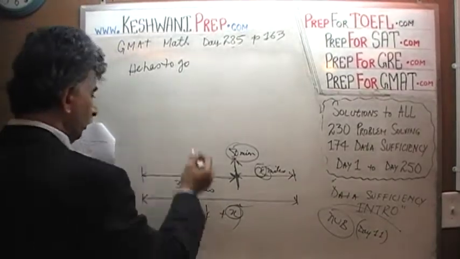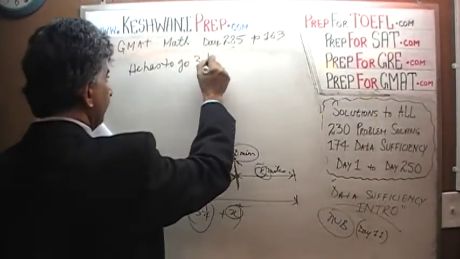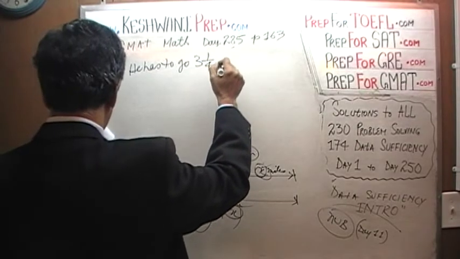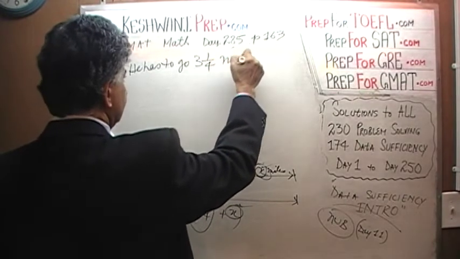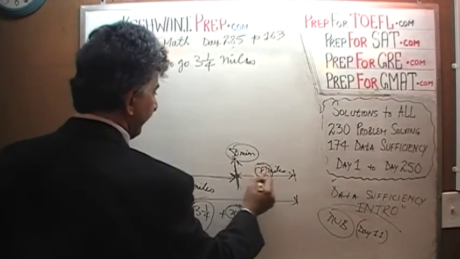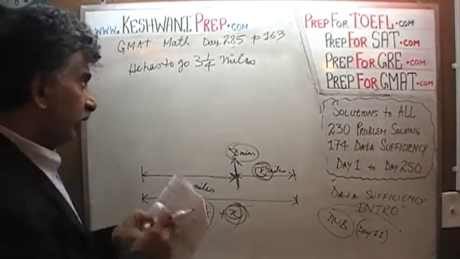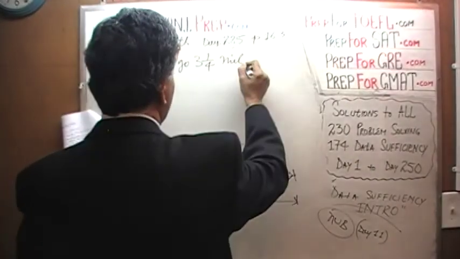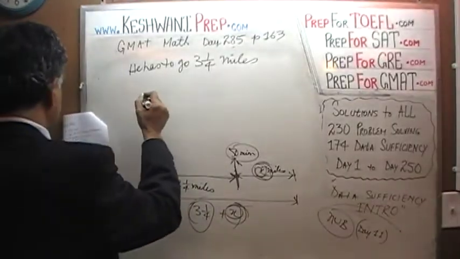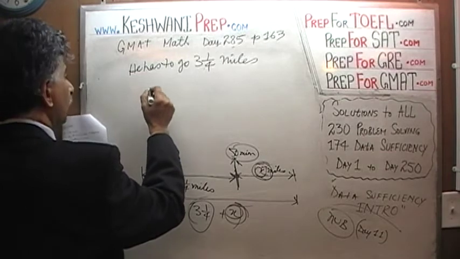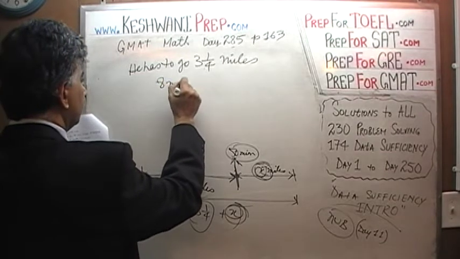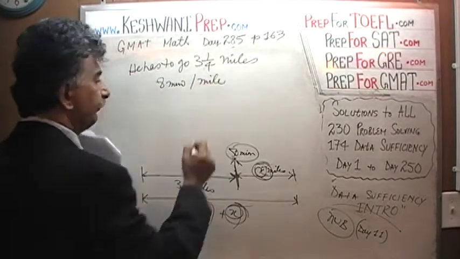He has to go 3¼ miles, plus the x miles and the x miles. But let's first talk about the 3¼ miles. Just listen to this. Very simple. We know that he's taking 8 minutes per mile.